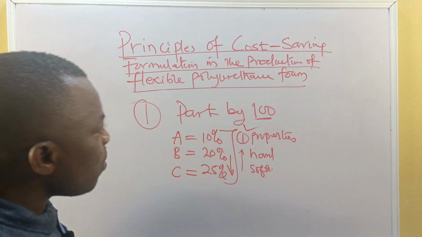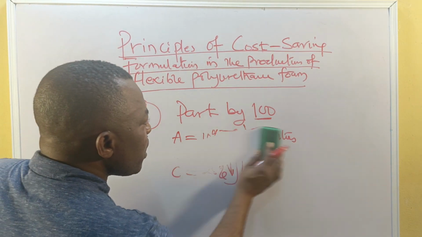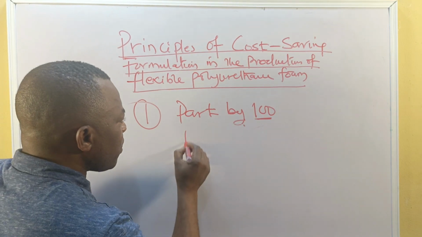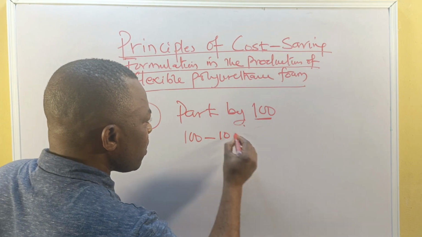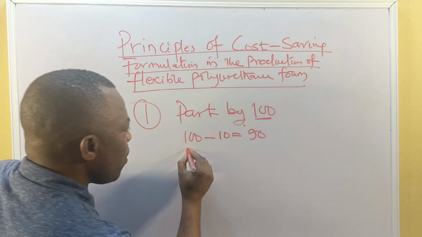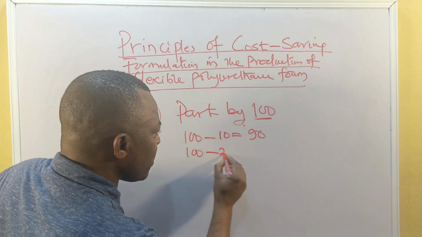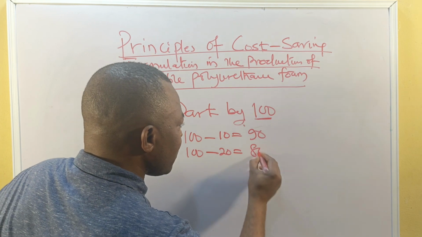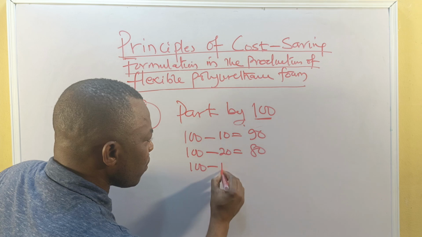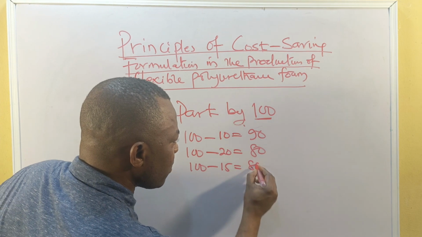Now, in calcium, it is best done in substitution. 100 minus 10 equal to 90. That is 10%. 100 minus 20 equal to 80. That is 20%. 100 minus 15 equal to 85.